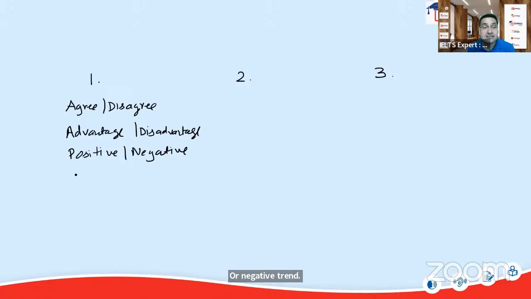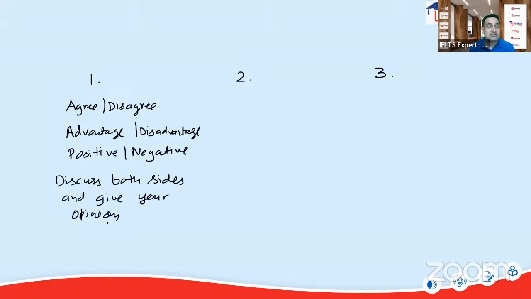Then we have a key sentence like discuss both sides and give your opinion. So you would find this key sentence in the question itself.